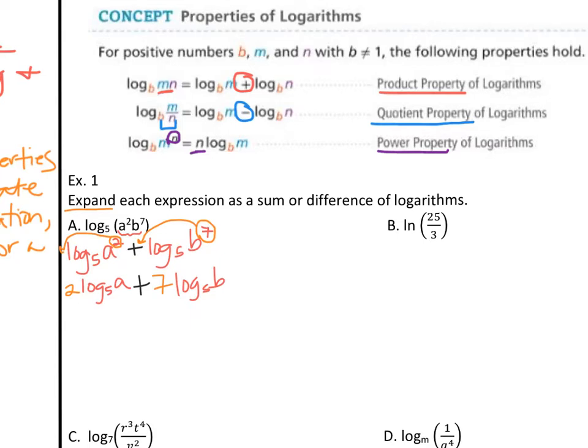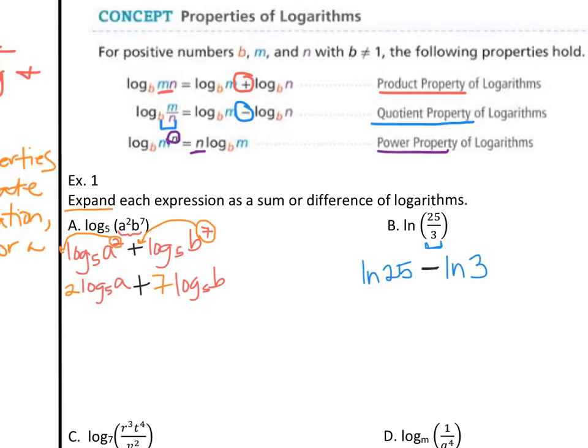Let's try the second one. ln of the fraction 25 thirds. When we have a fraction, that's the same as a quotient, and we'll separate that fraction into a difference of logarithms. That means we'll take ln of the numerator first, and then we split it up using subtraction. We'll subtract the ln of the denominator second.